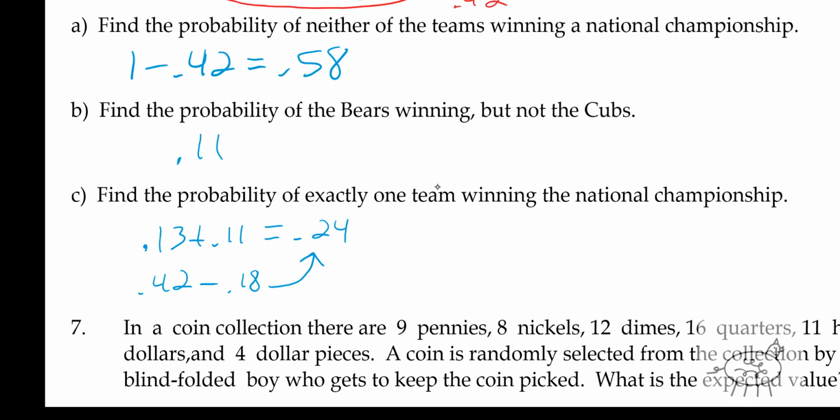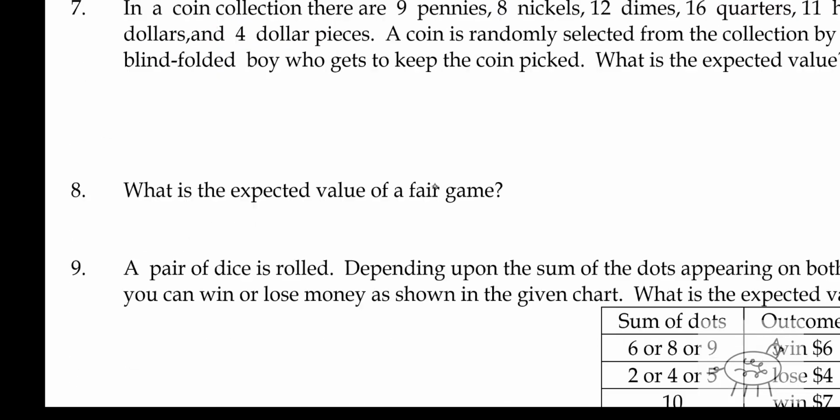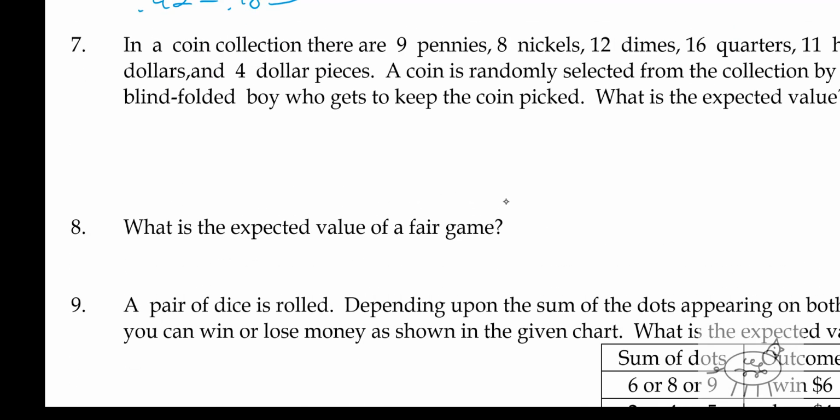Okay, moving on. In a coin collection, there are 9 pennies, 8 nickels, and so on. A coin is selected at random. What is the expected value? Okay, it's got a lot to it, but first of all, there's 60 coins. So it's 9 out of 60 for a penny, and you win a penny. And there's 8 out of 60 for a nickel, and you win a nickel.